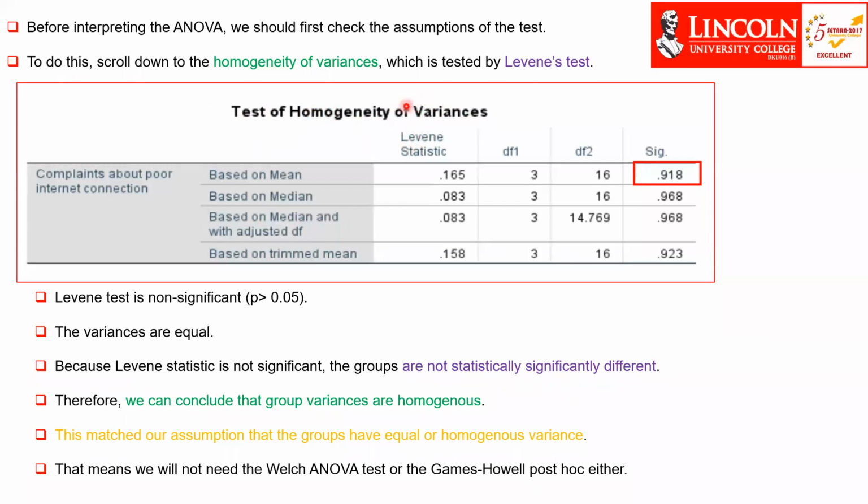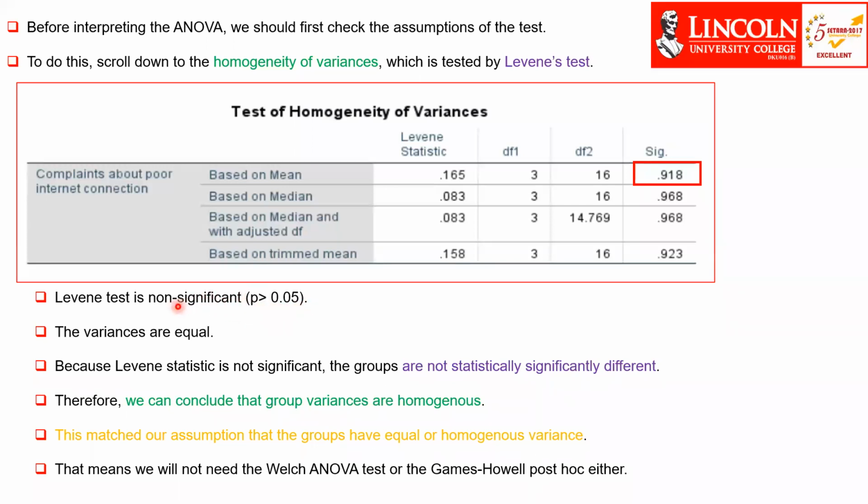Okay? And here, Levene's test was carried out. So we are looking at complaints about poor internet connection. So based on mean, based on median, and whatever. So now if you look at the p-value, here you have that the value is 0.918, which is greater than 0.05.